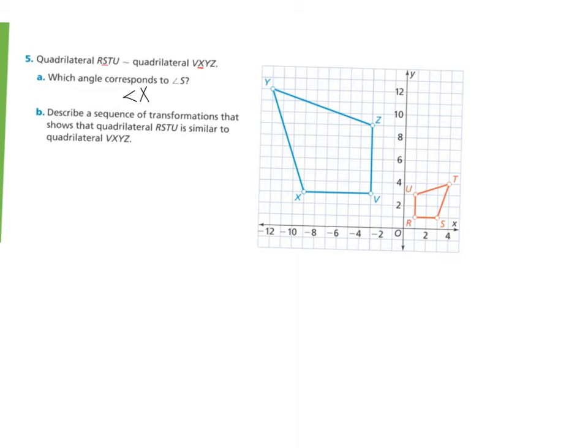We could prove that they are similar. Actually this one's not too bad. This would be a reflection and then a dilation by a scale factor of 3. We could get it. But just in general, to prove that these are similar, we could count squares.